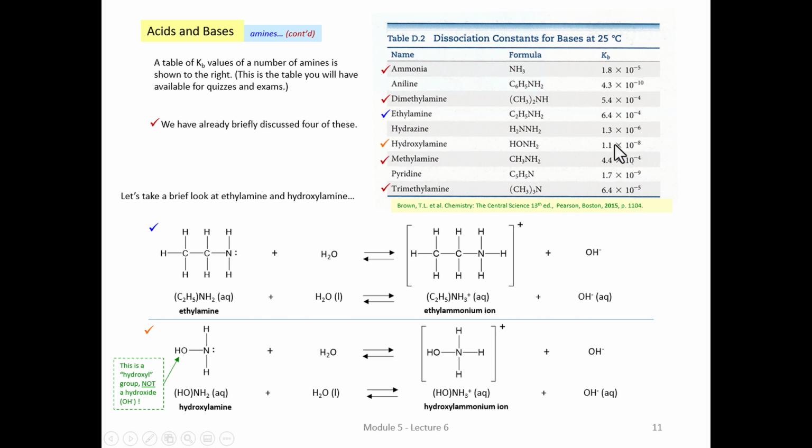You'll see that hydroxylamine has a pretty low Kb value, which tells me that actually what's going on here is the hydroxyl group is withdrawing electron density from the nitrogen, making this lone pair act as a weaker base. And just a note here, I did not show the lone pairs on the oxygen of the hydroxyl group. This hydroxylamine acts as a base through the lone pair on the nitrogen anyway.